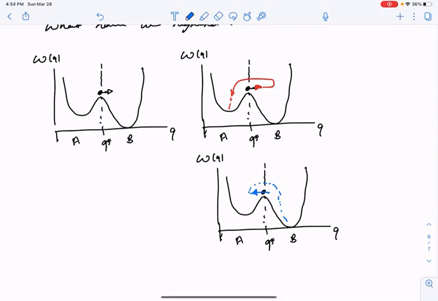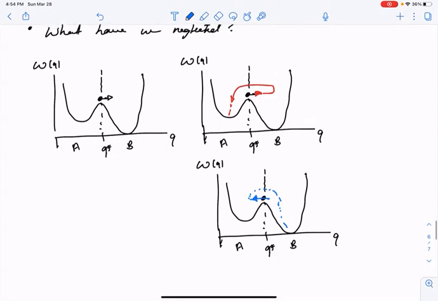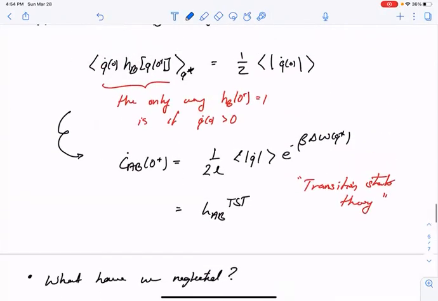This too leads to an overestimate of the rate because the initial flux q dot 0 I've overestimated by ignoring negative contributions that should have indeed been averaged as well. So the negative velocity that would have entered into that correlation function has been neglected.